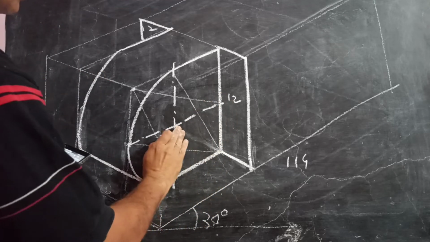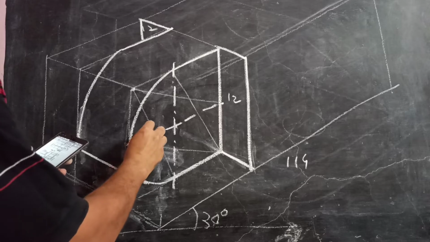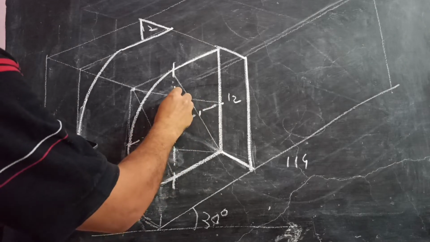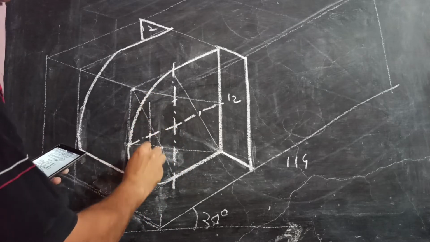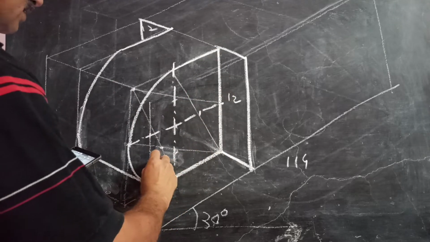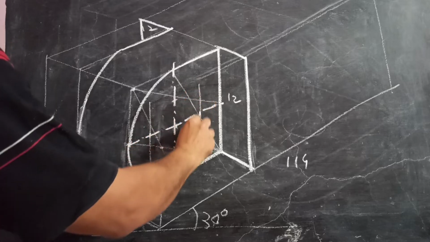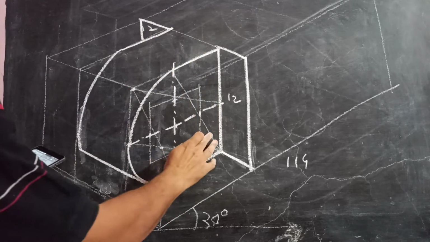So you have got this center. The diameter is 24, so it must be 12 on either side. 12, 12, 12 and 12. Draw a rhombus. This line must be parallel to this or this. This line must be parallel to this. This line must be parallel to this. And this line must again be parallel to this. So this is the rhombus.